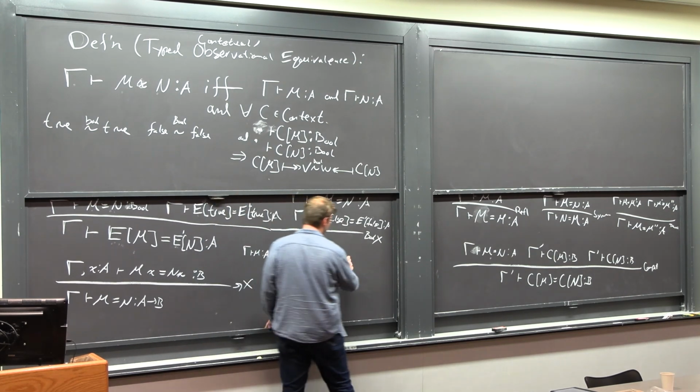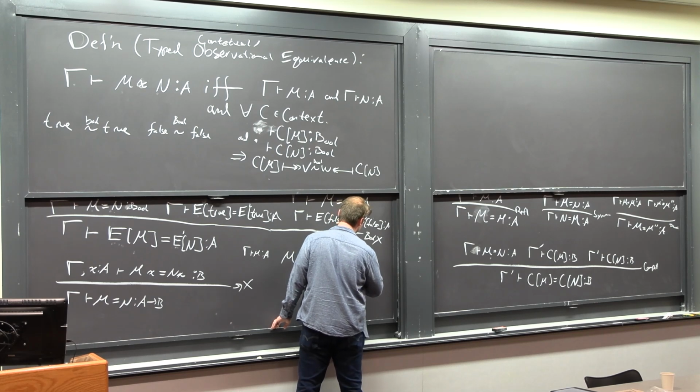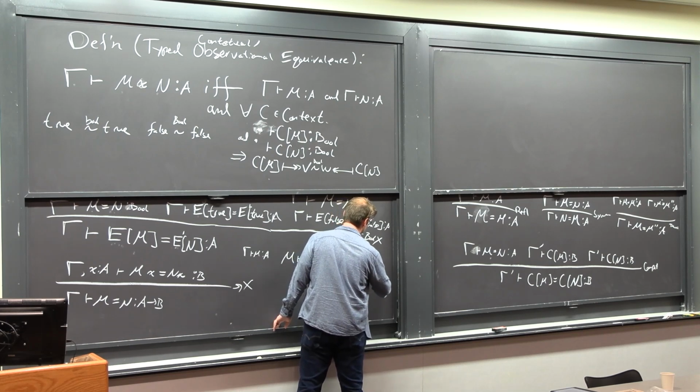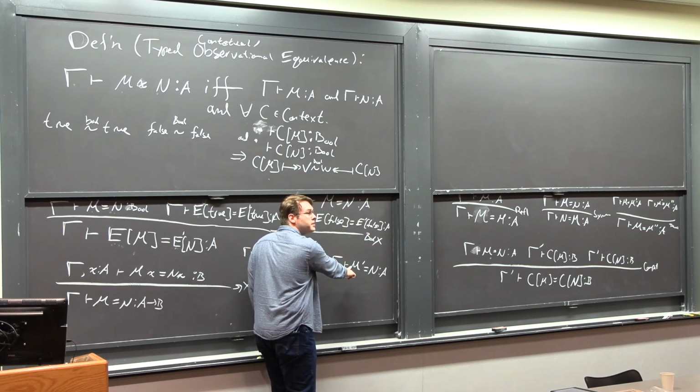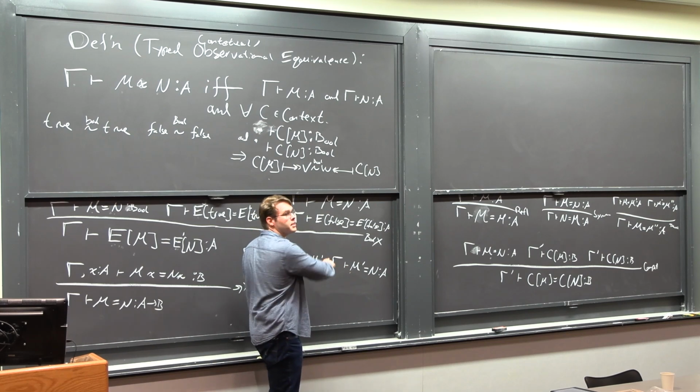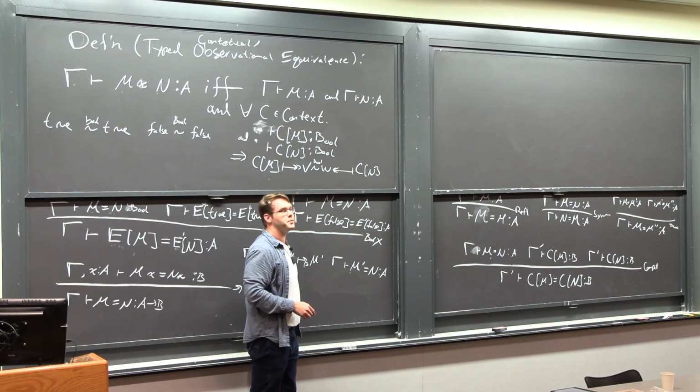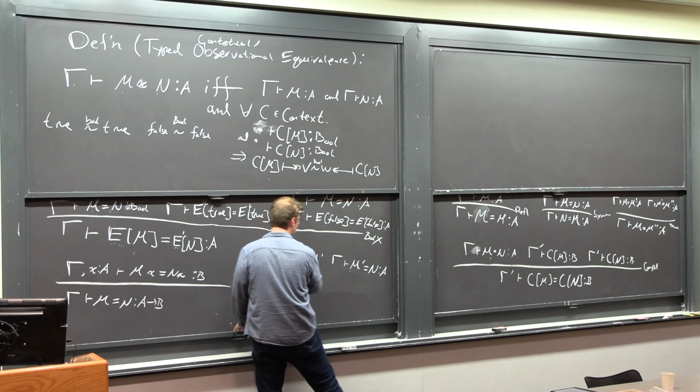I'll kind of sneak it in this way, sort of like mixing in with transitivity. If m prime is equal to n at type A, that means that m prime also has type A. So I start at type A, I take a step, and I end up at something at type A, and it's equal to an n.